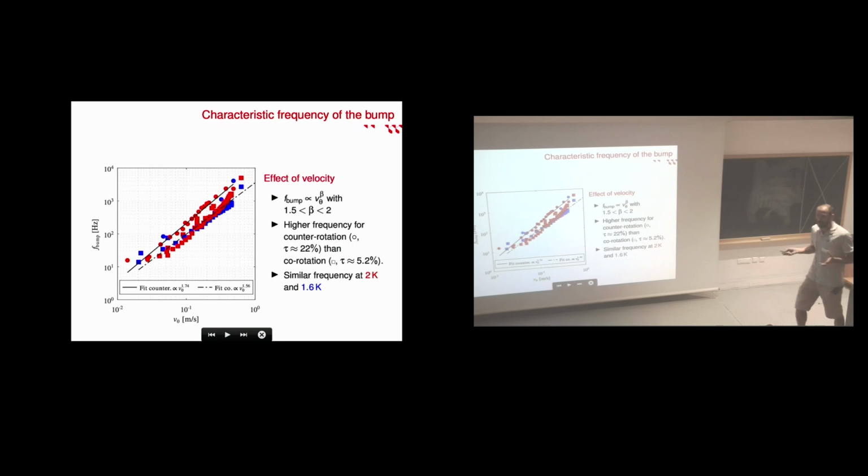So this bump seems to be sensitive not only to the velocity, but to the strength of the turbulence. And finally, we see that the frequency doesn't seem to depend on the temperature in helium-2.